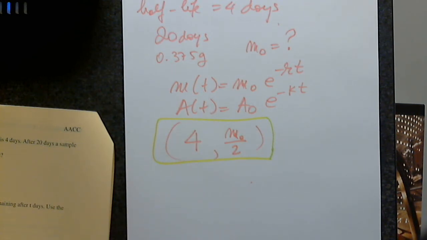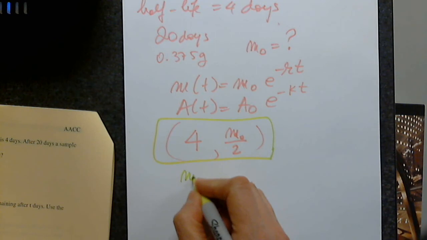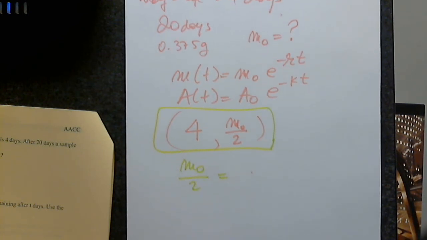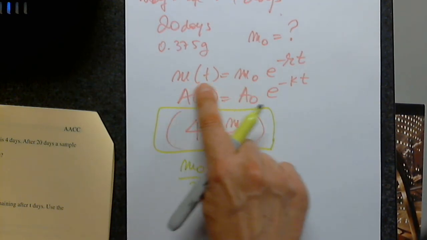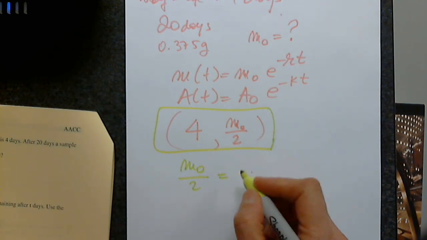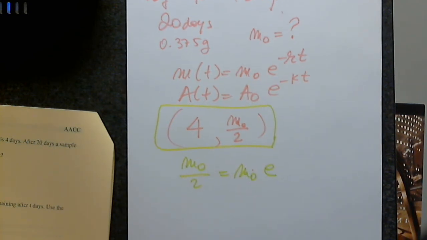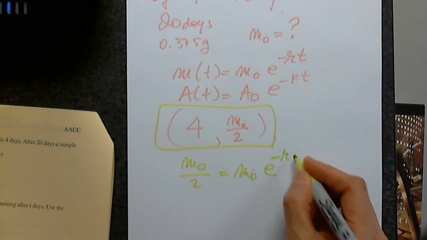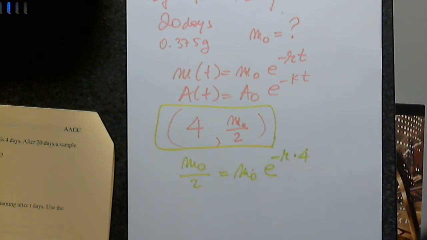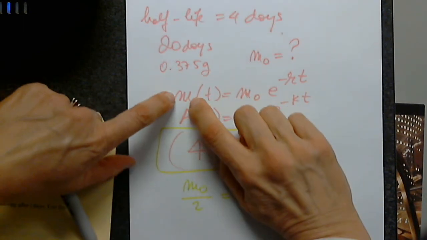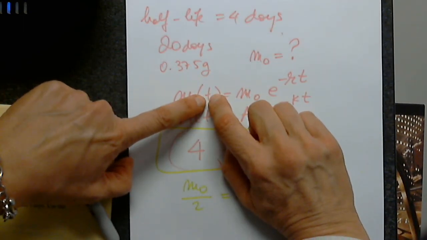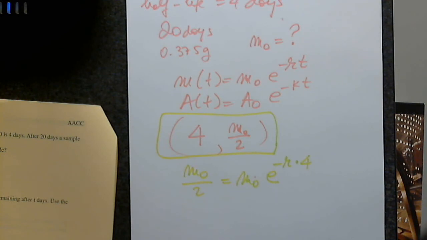You cannot say 4. m0 over 2 equals. Then we use this model, right? e to the minus r multiplied by? So remember, the y-coordinate is the function. The x-coordinate is the independent variable, which is time, right? So obviously this is the y and this is the x. Perfect. Now please tell me what to do.